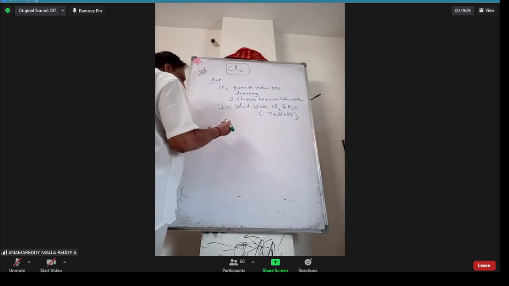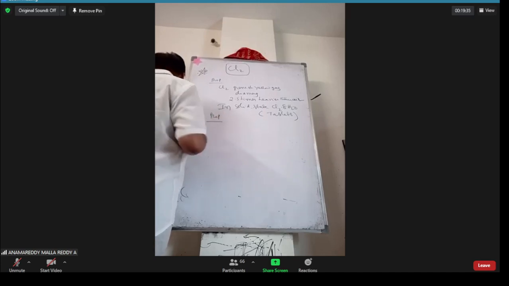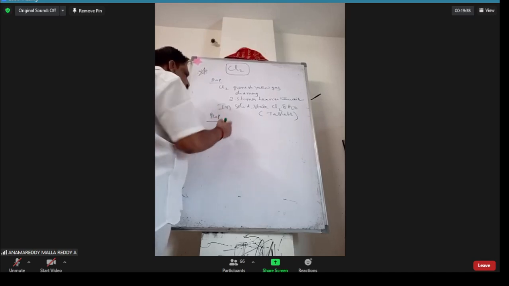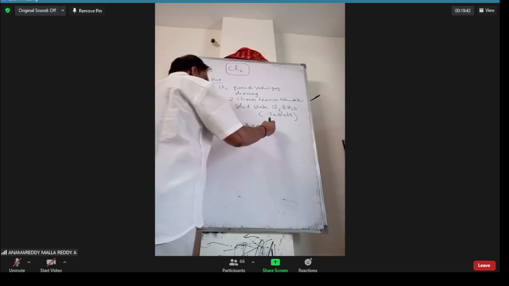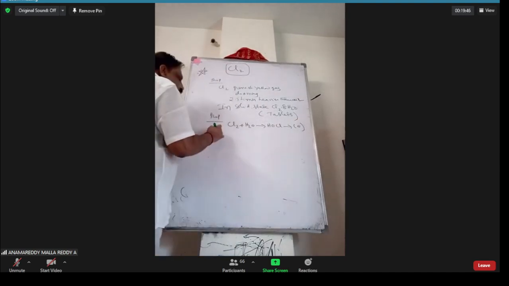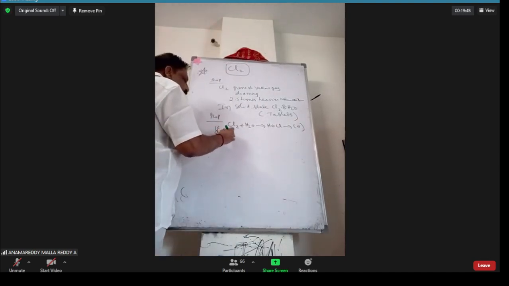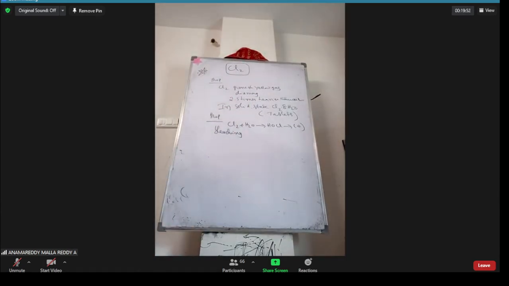Next, properties. There are so many properties. Chemical properties. The most important: chlorine reacts with water, gives HOCl, which gives nascent oxygen. That shows the bleaching action of chlorine.